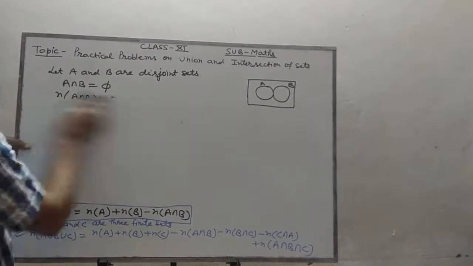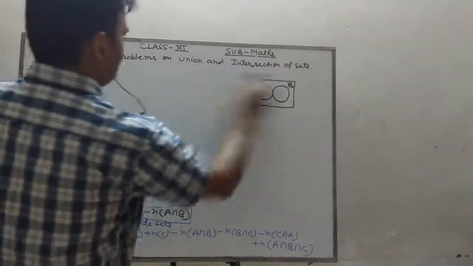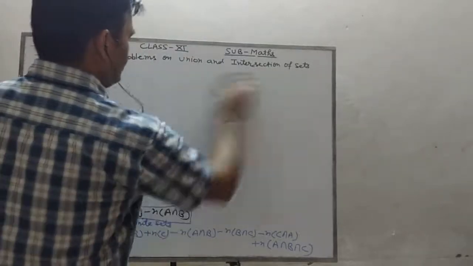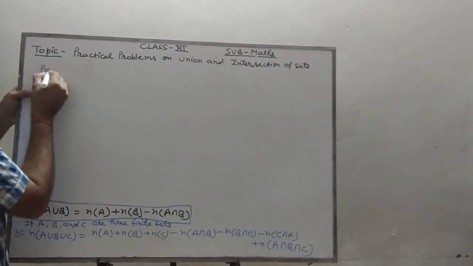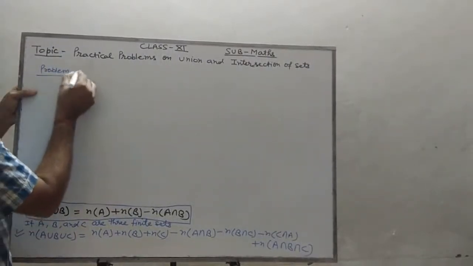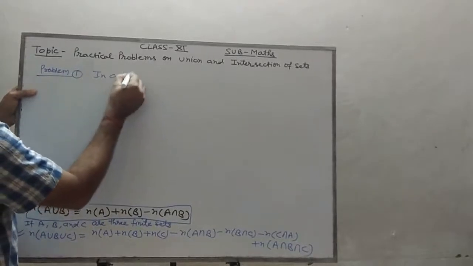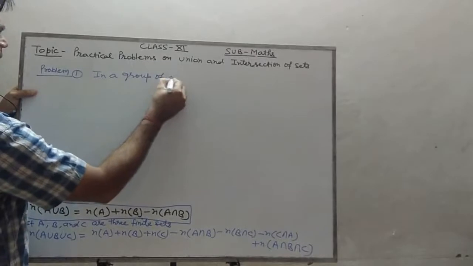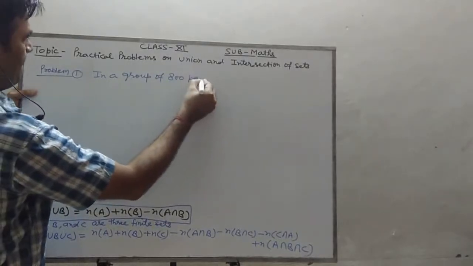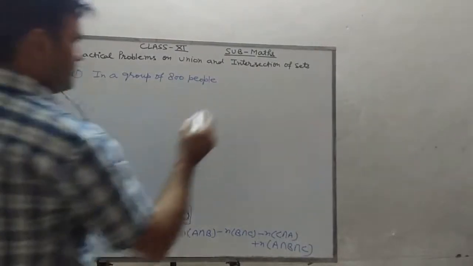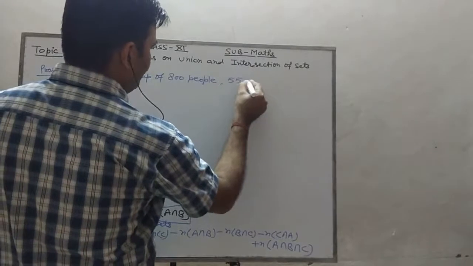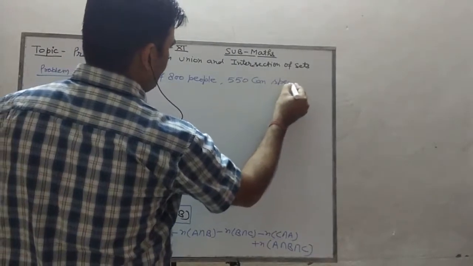So we have a problem, and the problem is that in a group of 800 people, 550 can speak Hindi.